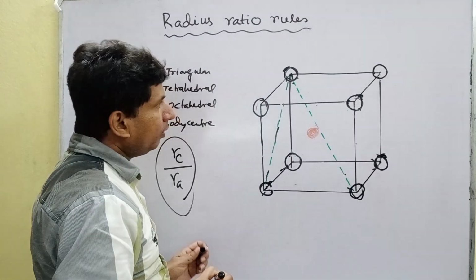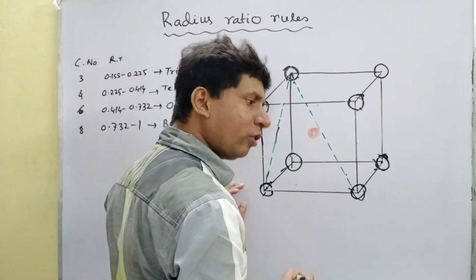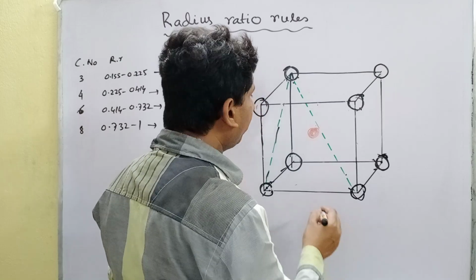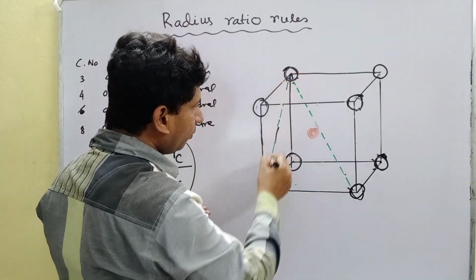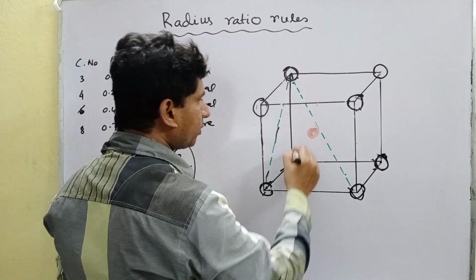Then this is the body diagonal, and this is the face diagonal on a face.